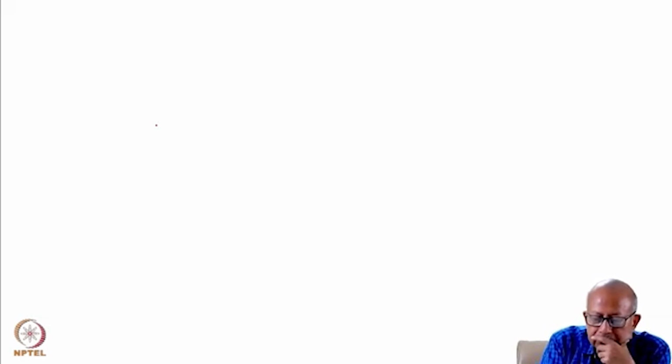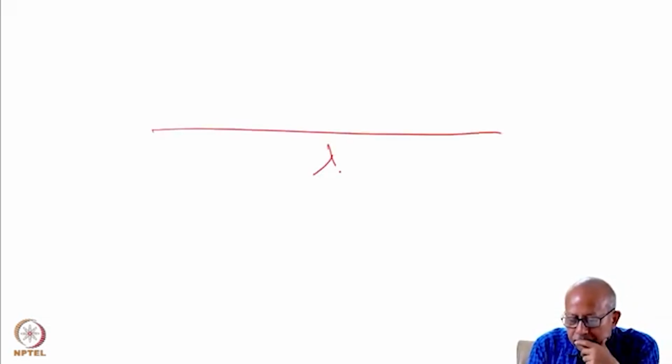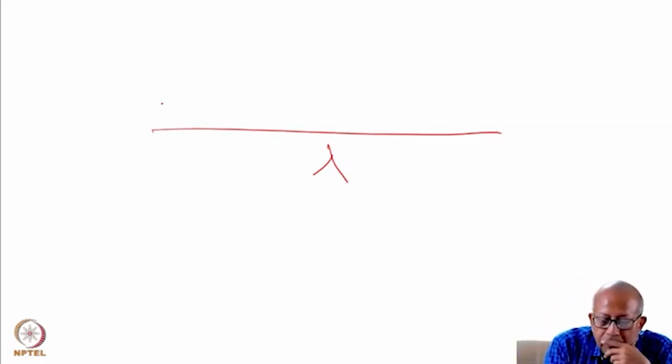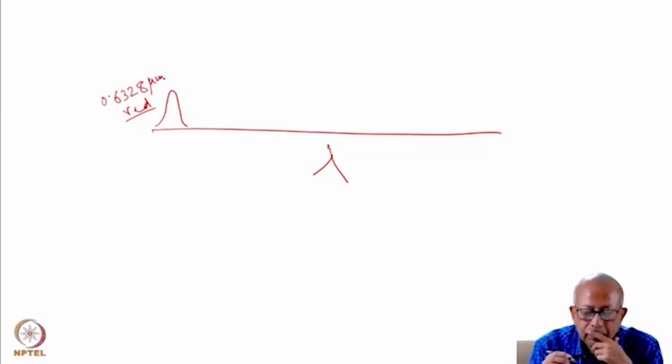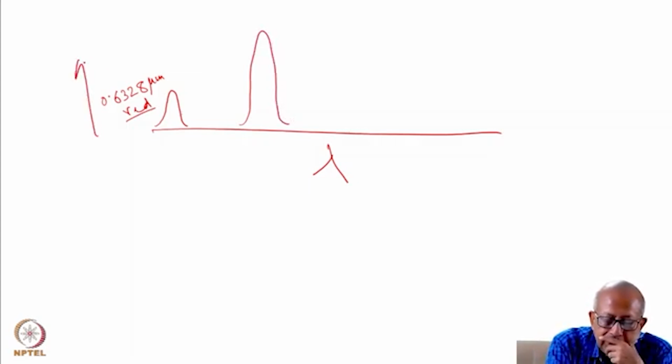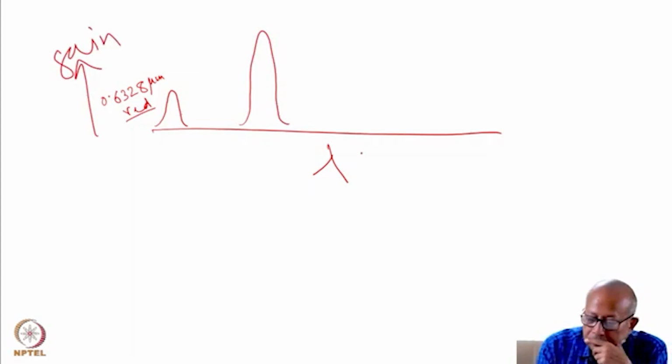Suppose this is my wavelength, and let me show the gain of different transitions in a very qualitative way. First is the visible transition, which is the red light, which works at 0.6328 micron. Then the next is 1.15 micron, which has the highest gain. This is gain, and this is wavelength.